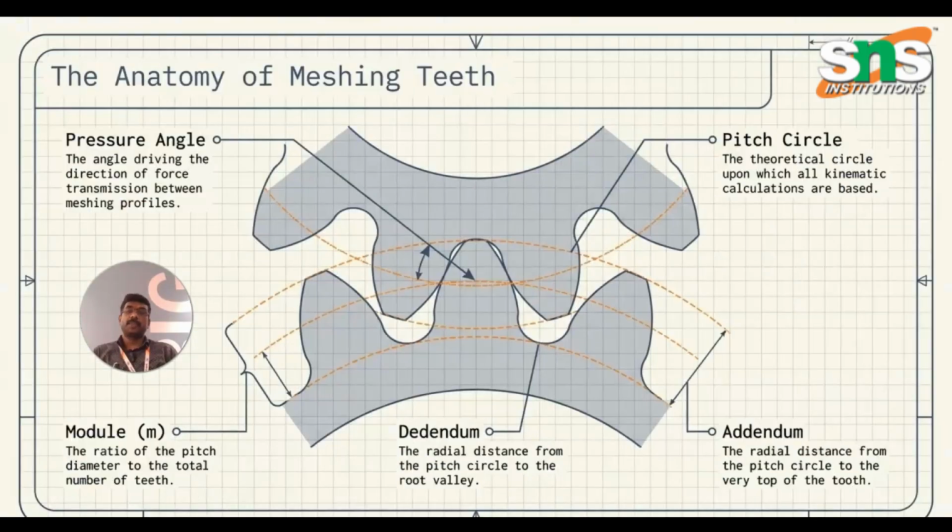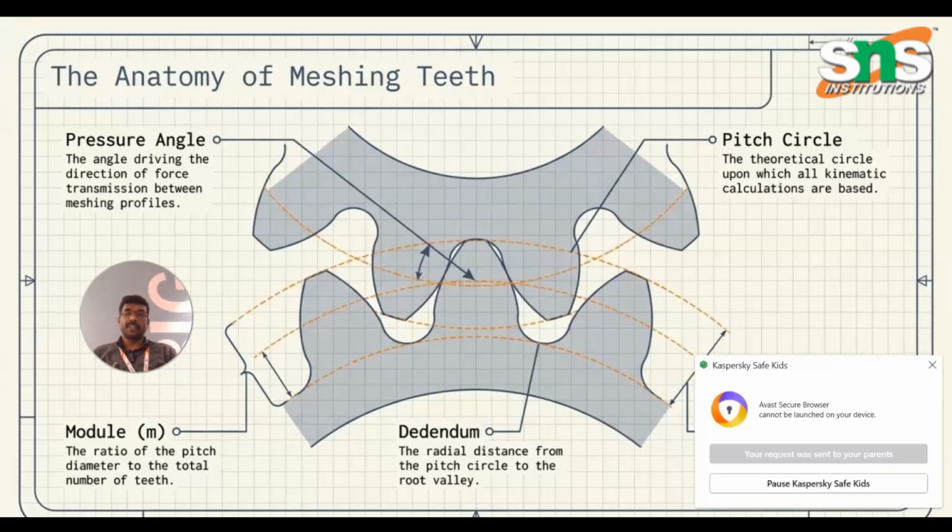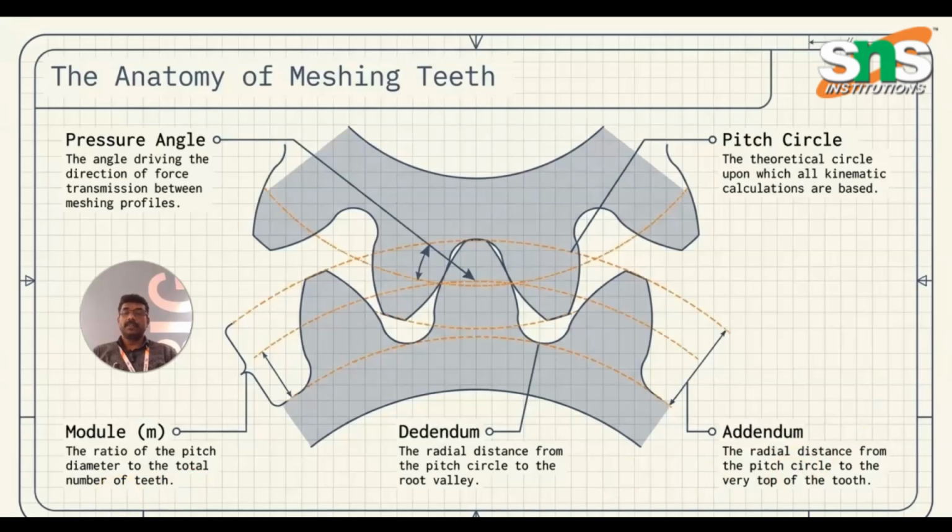Let's come to the basic terminologies that determine the motion and the power transmission between the two gears. We have a number of basic terminologies, but these five are very important as far as the content is considered. Number one is pitch circle, which is all about the theoretical circle. This is the circle which does not exist. This is the imaginary circle. It is used for theoretical purposes for doing all the calculations.